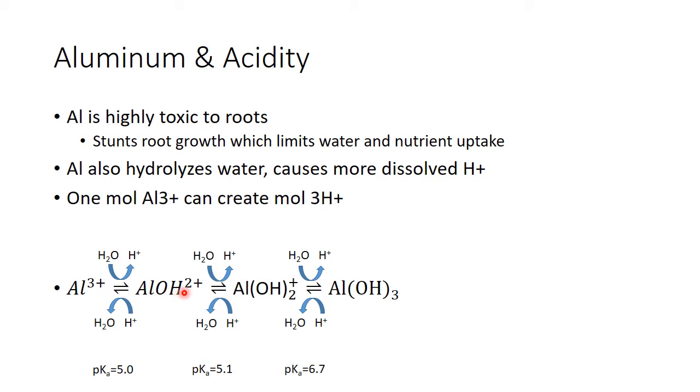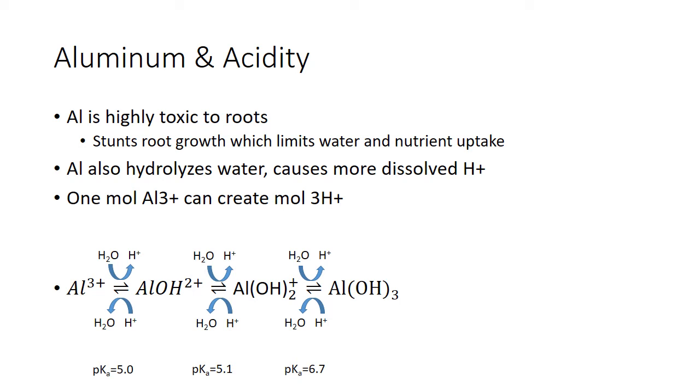So AlOH2+ hydrolyzes water, creating Al(OH)2 1+, which produces 1 more mole of hydrogen. And that happens at a pH of around 5.1. And then that can happen a third time where Al(OH)2 1+ turns into Al(OH)3. And that hydrolyzes 1 more mole of water, producing a mole of acidity. And that happens at a pH of around 6.7.